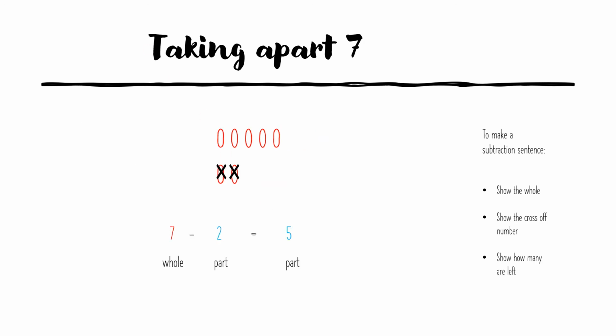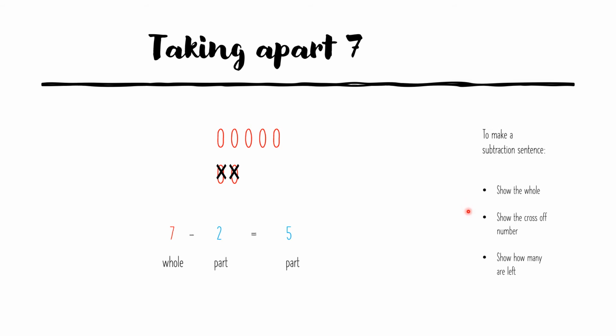Okay, kindergarten. We've completed our number bond. We've done our drawing. Now we want to make a subtraction sentence. Remember, our subtraction sentence should match our number bond and our drawing. When we make our subtraction sentence, we want to show the whole, which is the number, you guessed it, 7.